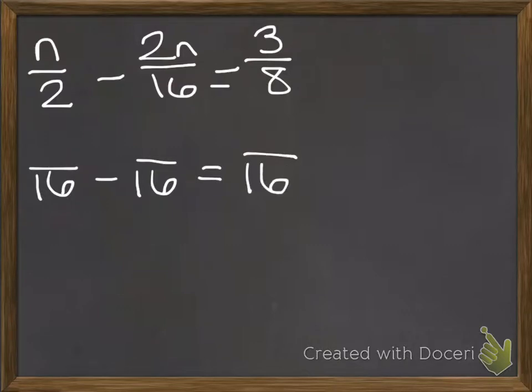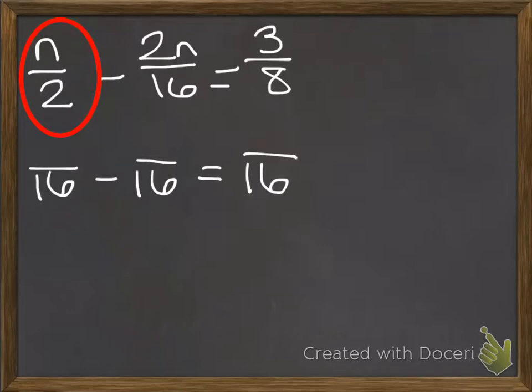Okay, so what did we have to do to our 2? What do we have to do to our 2? Multiply it by 8. Okay, multiply it by 8.